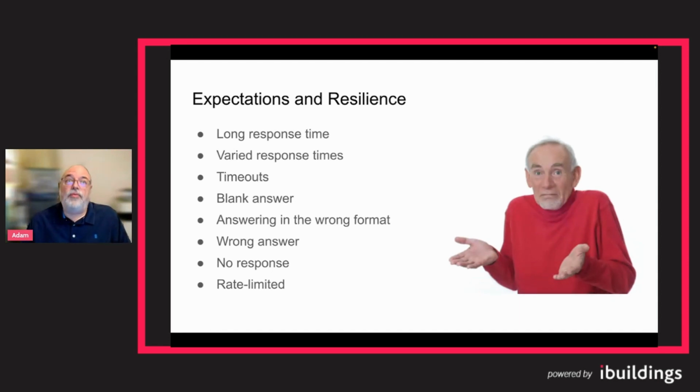Varied response times as well. So when you're making requests to an LLM, depending on how complicated the request is, it can be a very different amount of response time, but the exact same request at different times can take much longer. And one of the main reasons for that is that, like I said earlier, running an LLM model is extremely expensive, right?